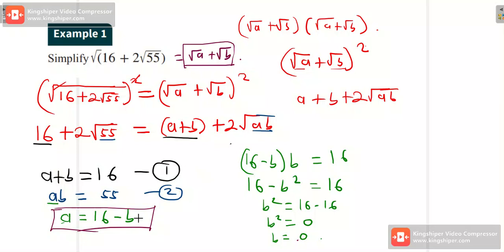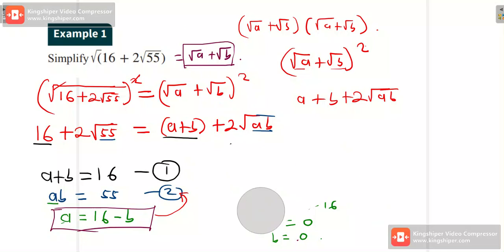So the next step is for us to substitute that value into equation 2. So the mistake was that we blindly substituted it into equation 1 again. That was a mistake. Since we made A the subject in equation 1, we have to substitute it into equation 2. So let's do that correction.